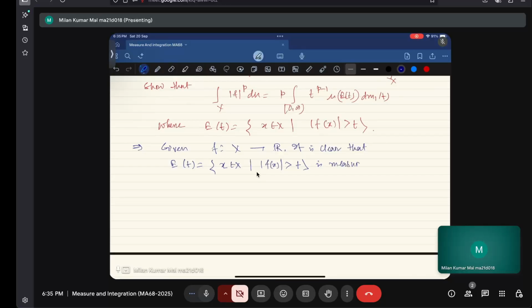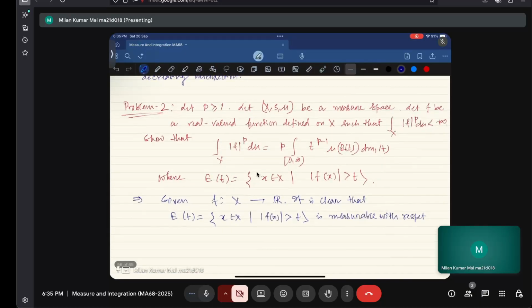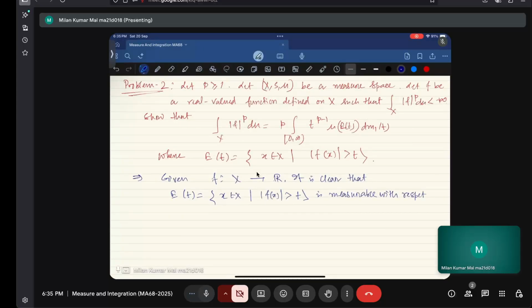This is very much clear. Measurable with respect to the usual Lebesgue measure. That is measurable, that's true, if the function is measurable.